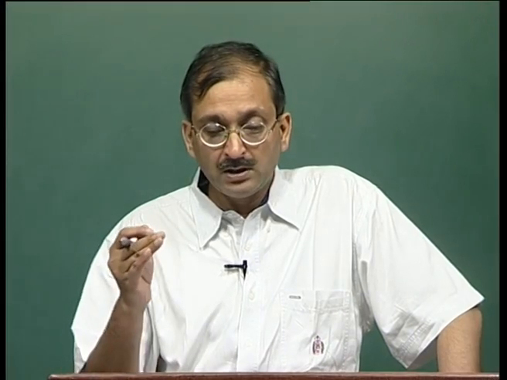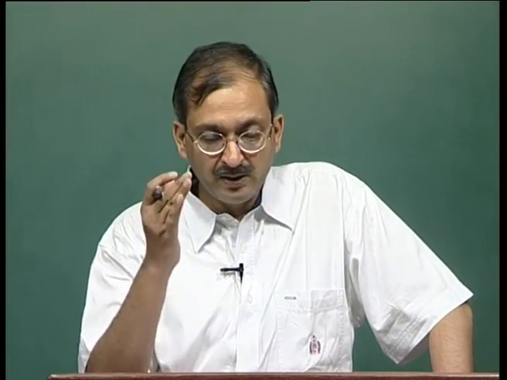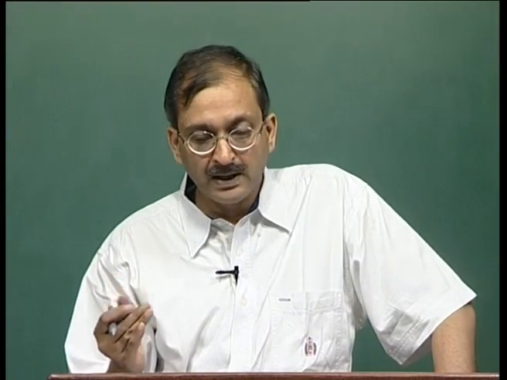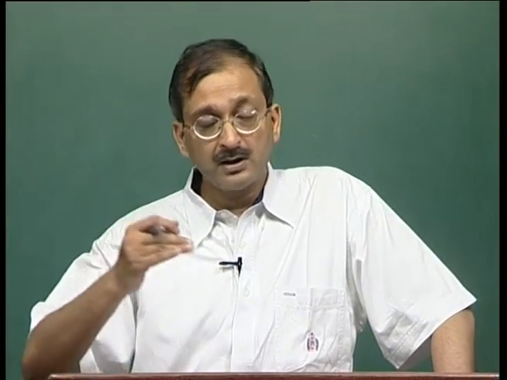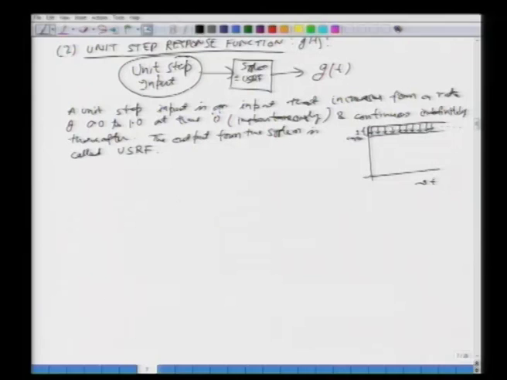No, because the input is not stopping here. Once the input stops, that is when the DRH response starts to come down. Here the input is continuous. Therefore, the response will be an ever rising curve. So, the response would be something like this, and this we call G(t) as a function of time, which is your unit step response function.